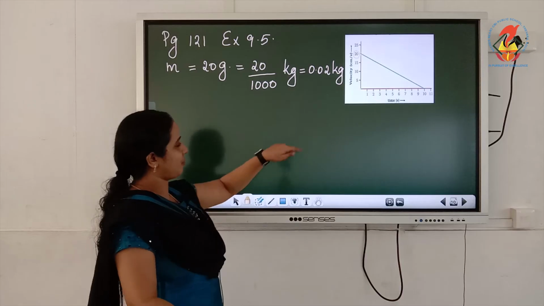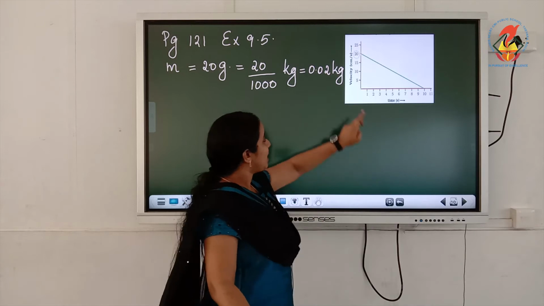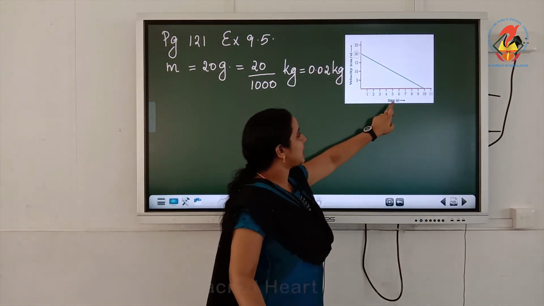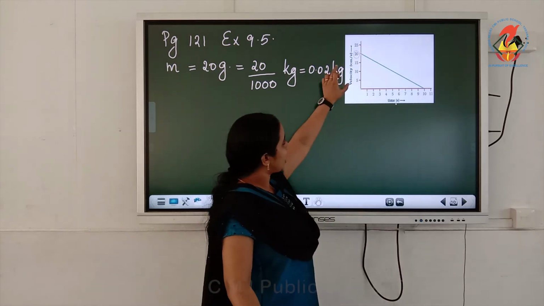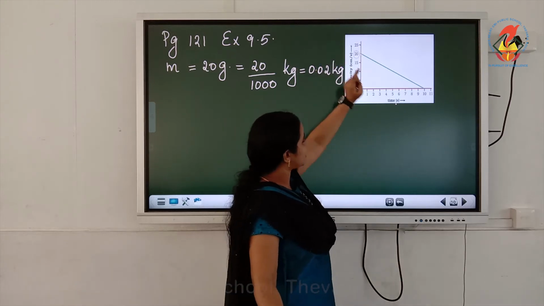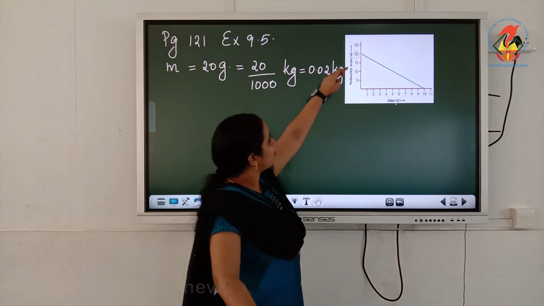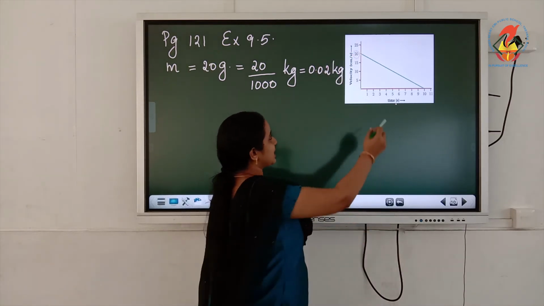Now, look at the graph. The graph is a velocity time graph. The velocity is given in the unit centimeter per second and time is given in the unit seconds. So, the graph depicts a velocity time graph in the units centimeter per second and seconds. And the ball was initially moving with a velocity 20 centimeter per second.